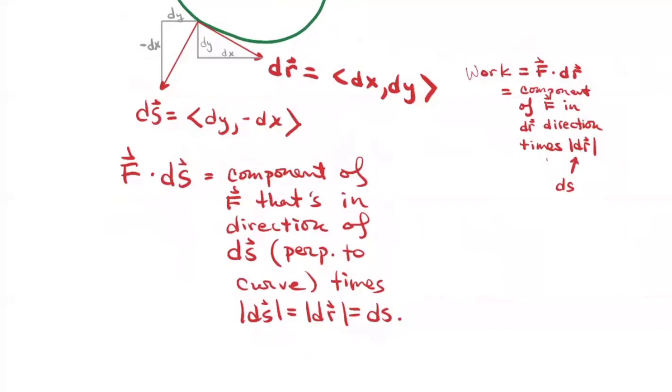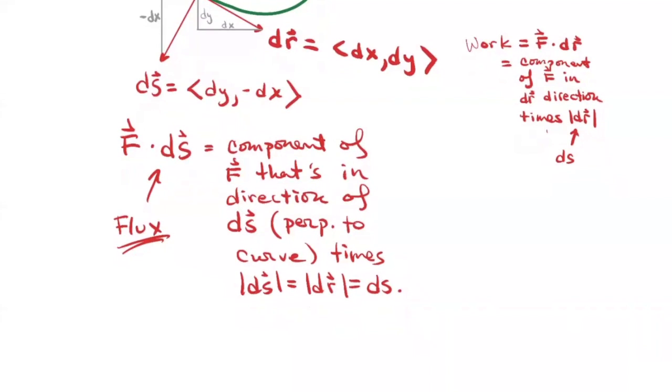F dot ds, that's called flux. It's the flow of F across the curve C. And we'll talk more about flux, just like we've spent a lot of time talking about curl. We'll have to get flux straight in our head as we get there.